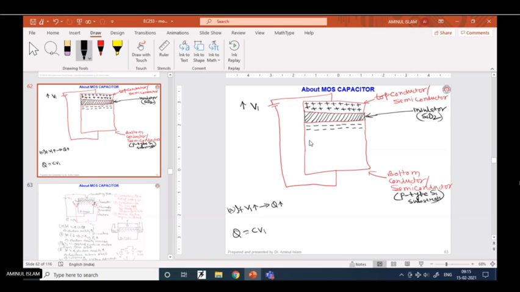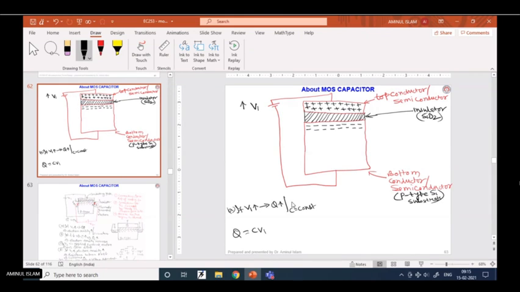From the positive charge, electrical flux or field line will emanate, and it will end at the negative charge. So in this way, corresponding to all positive charge at the top, there will be negative charges. So once you have increased the V1, Q will increase if C is constant. Do you agree or not?